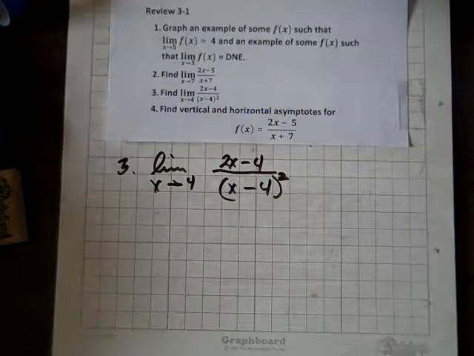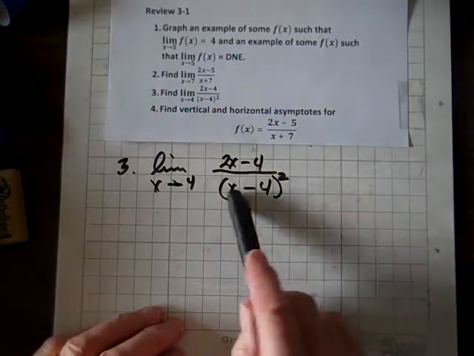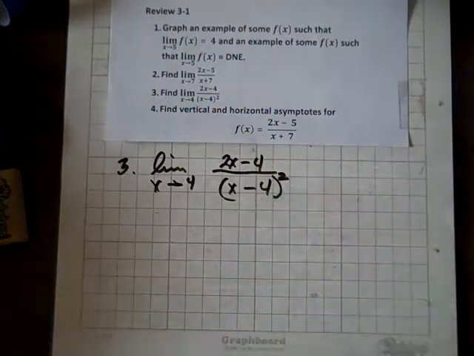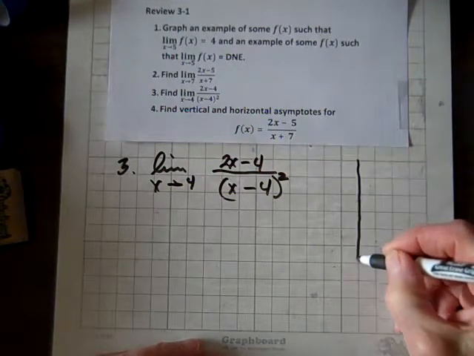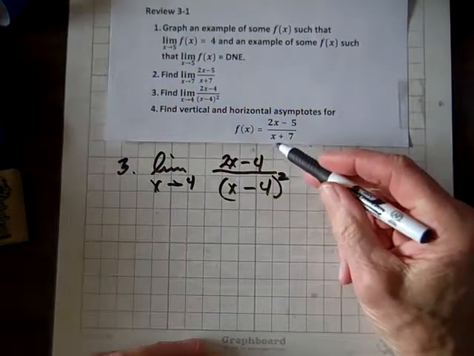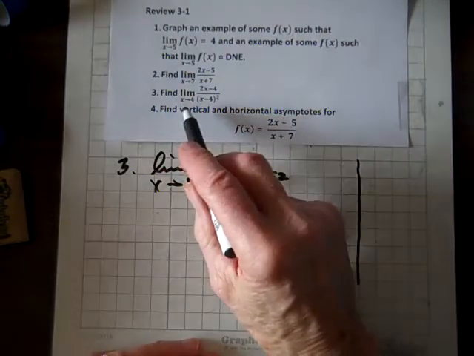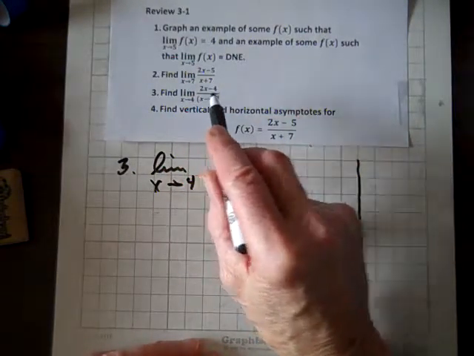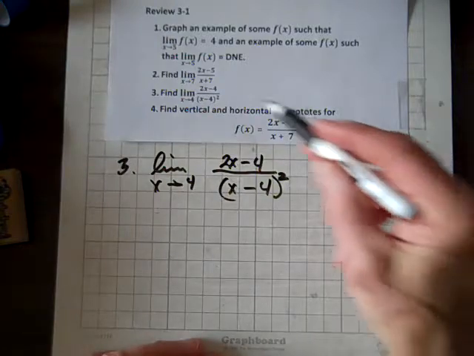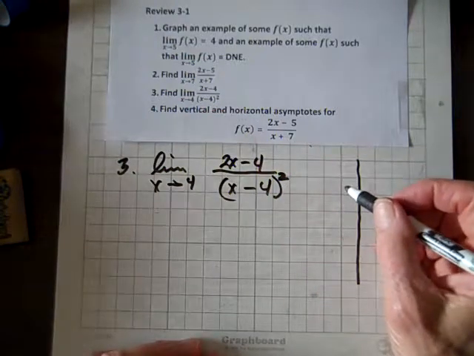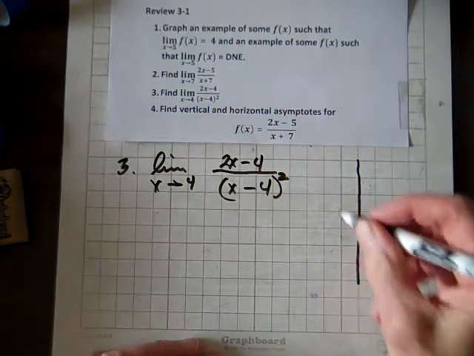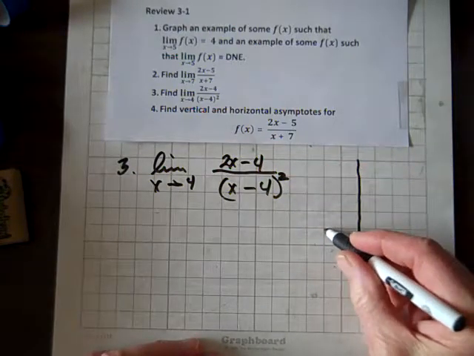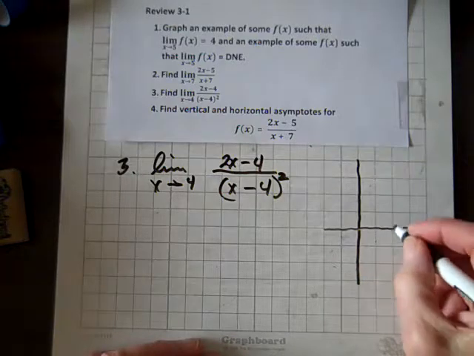Well, let's do number 3, and I think I'll graph this too to illustrate what's going on. We're asked to take the limit as x goes to 4 of, in the numerator, 2x minus 4, and in the denominator, (x minus 4) quantity squared. So we're going to have a vertical asymptote at 4.